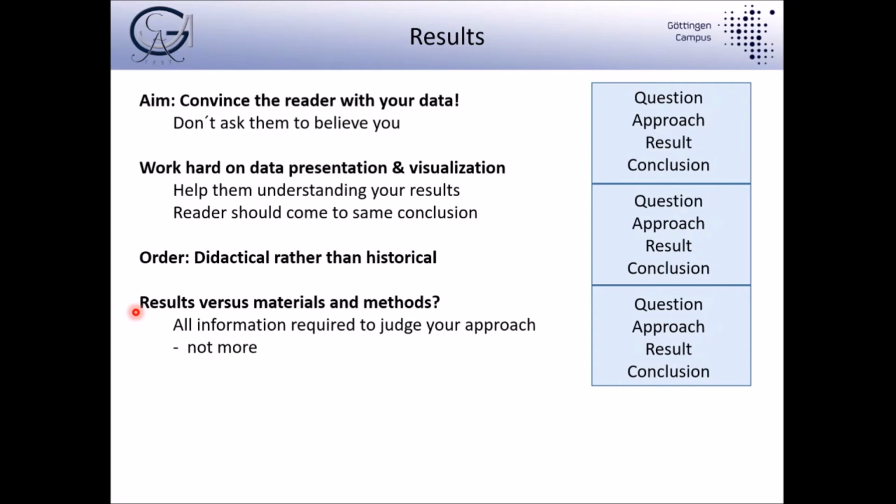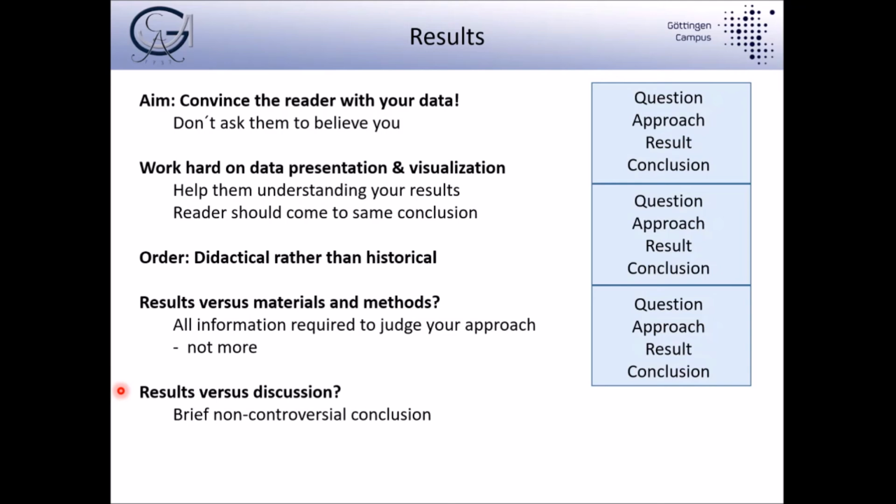These aspects I would put into the results. All the detailed parameters like the exact temperature and the exact parameters that you used in a certain analysis can then go to the materials and methods. So the reader, without going to the materials and methods section, should be able to judge your approach. All the rest goes to methods.